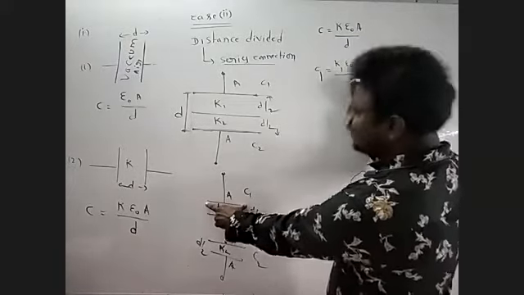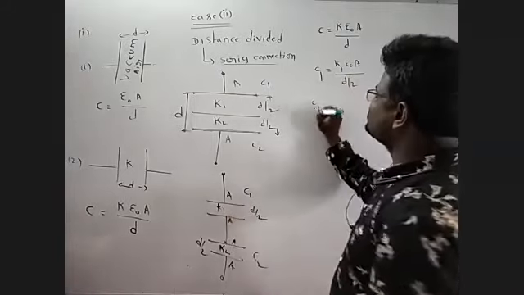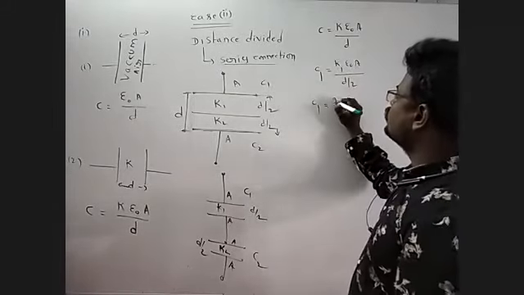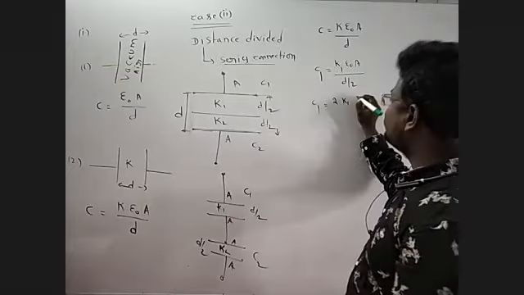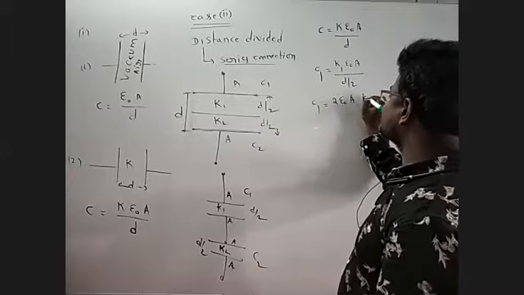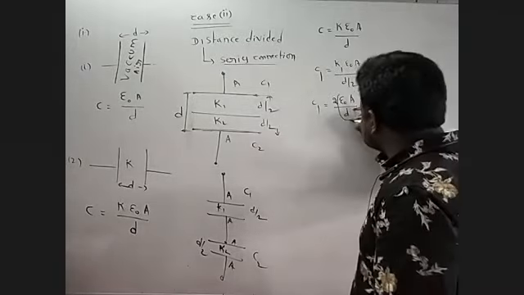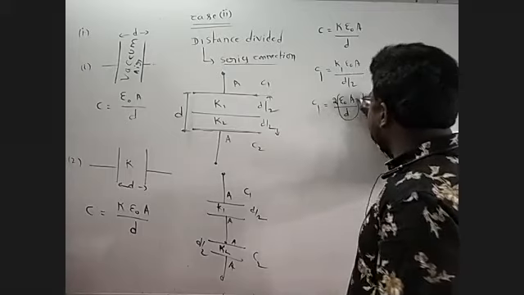The distance between the two plates is D by 2. So C1 is equal to 2 K1 epsilon naught A by D. Since C is equal to epsilon naught A by D, we write C1 is equal to 2 K1 times C. This is C1.